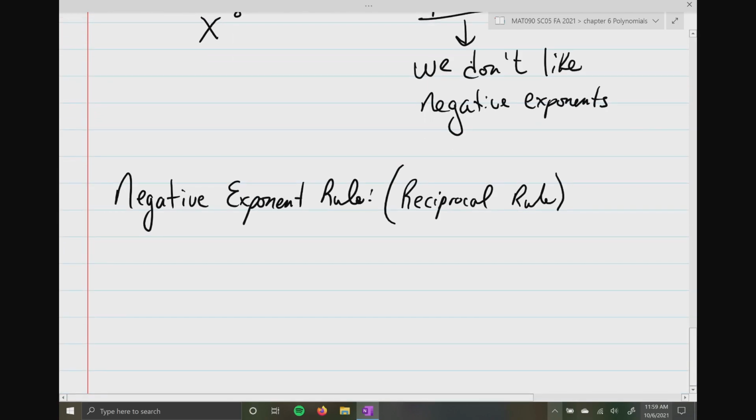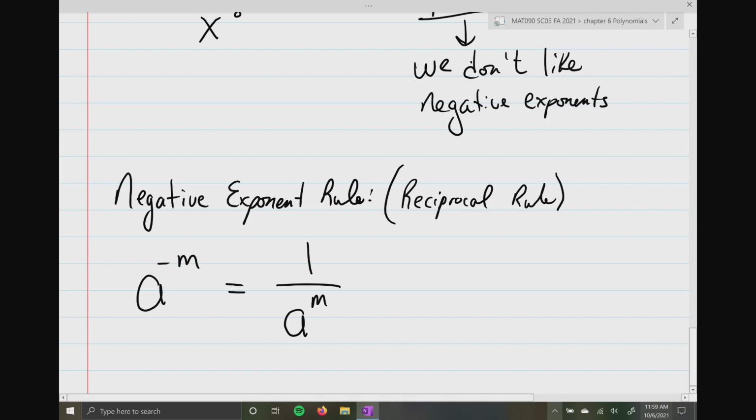The negative exponent rule says this. If you have a negative exponent, you can rewrite it as a positive exponent by making it into a fraction, putting the base and the exponent in the denominator, but writing the exponent as a positive number.